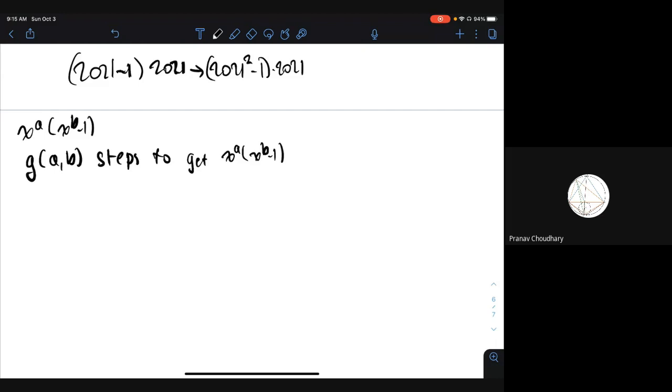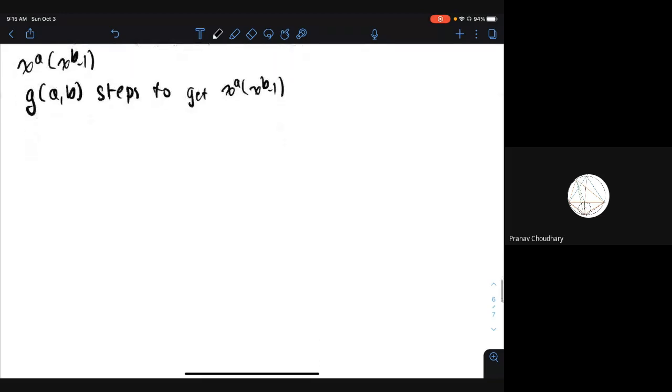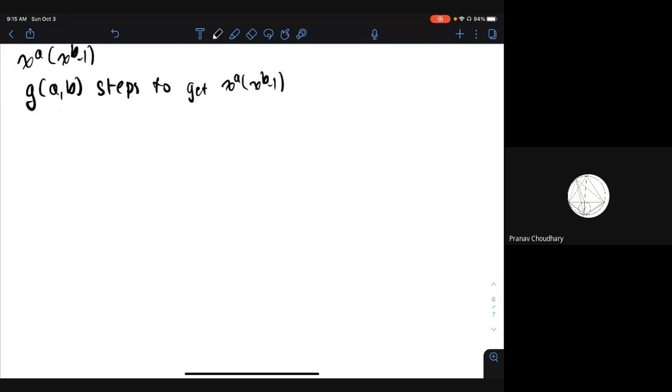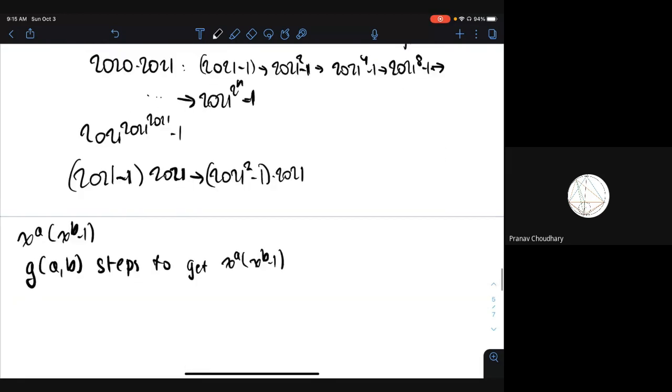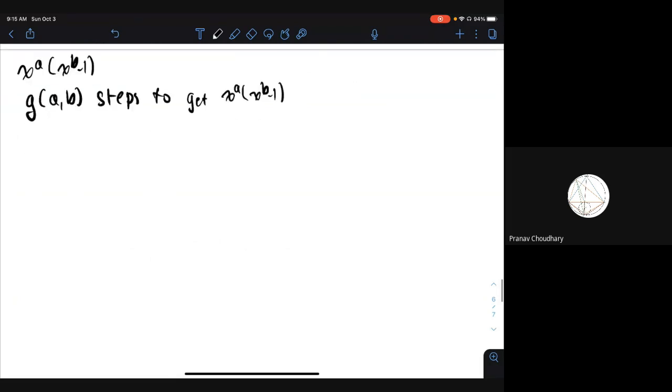Then what we're going to do is we'll find something with b equals 2021 to the power 2021 and x equals 2021, and that'll give us a result. So that's the strategy. That's what I was saying before with p to the a times p to the b minus 1. So for g of a b steps to get here, I'll first try to increase this fast.